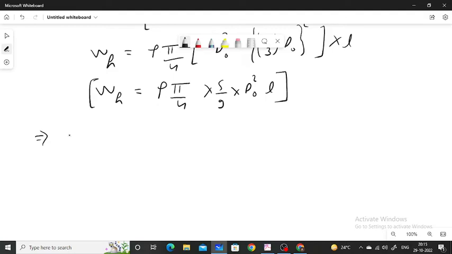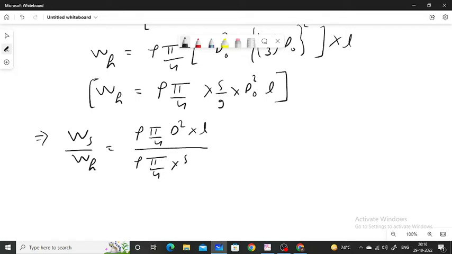Now dividing the weights of the solid circular shaft and hollow circular shaft, it will be equal to density pi by 4 d square into L divided by density pi by 4 into 5 by 9 outer diameter of hollow shaft squared into length. It will be equal to 9 d square upon 5 D outer squared.